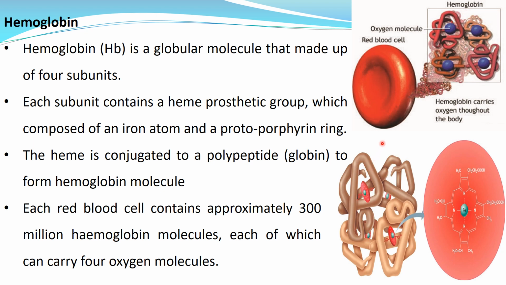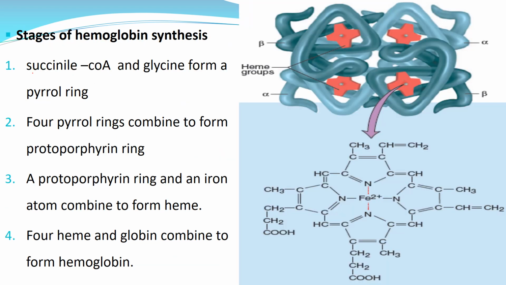We have around 5 million red blood cells per microliter of blood. So each red blood cell contains about 300 million hemoglobin, and each hemoglobin can carry about 4 oxygen molecules. Imagine the amount of oxygen which can be transported through the blood.